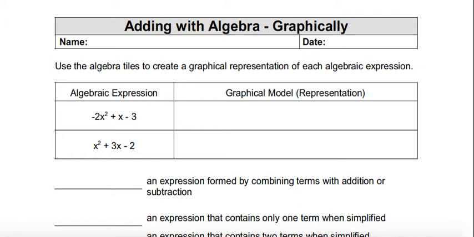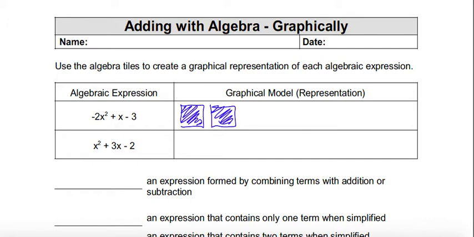So remember that the x squareds are the large squares, and I want to make sure that my negative ones are colored in and my positive ones are left blank. So for this one, I have negative 2x squareds. So I draw two large squares that are shaded in to represent the negatives.